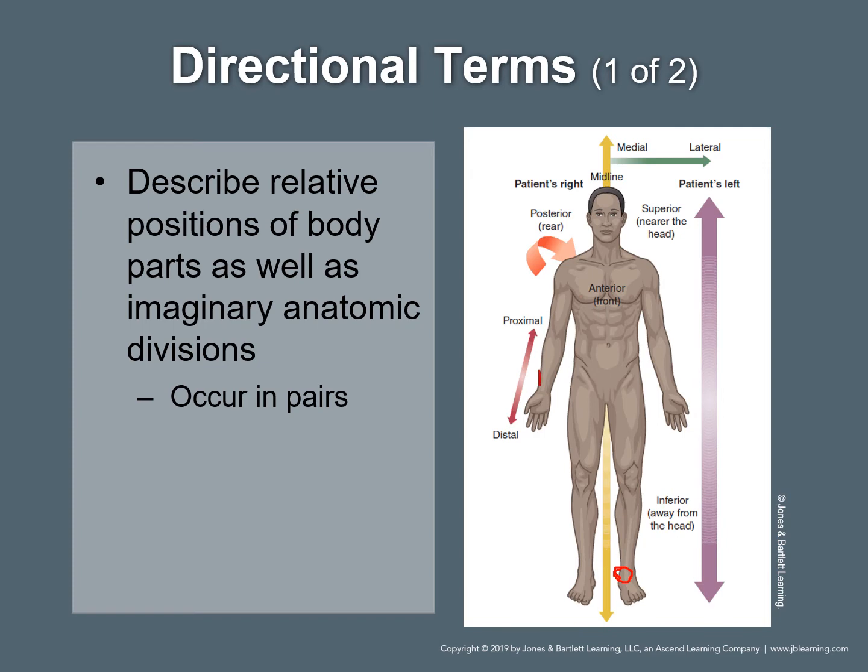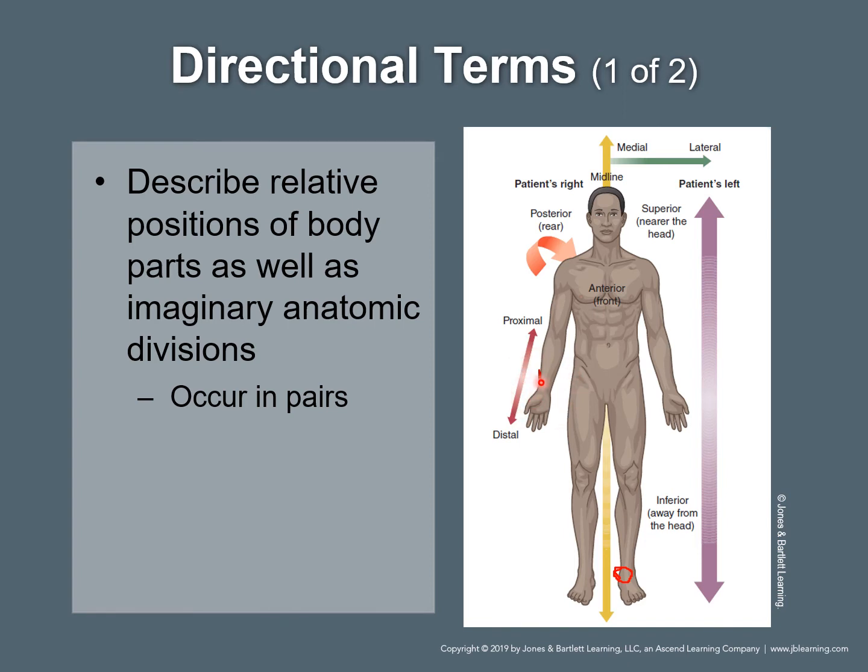All right, so there's different ways you can describe this. Yes, you can tell somebody, oh, they've got a laceration on their arm, but you can describe it using directional terms to tell them almost exactly where it is. So remember, proximal is going towards the body, okay? Distal is going away from the body. So you could say that this laceration is on his distal forearm.